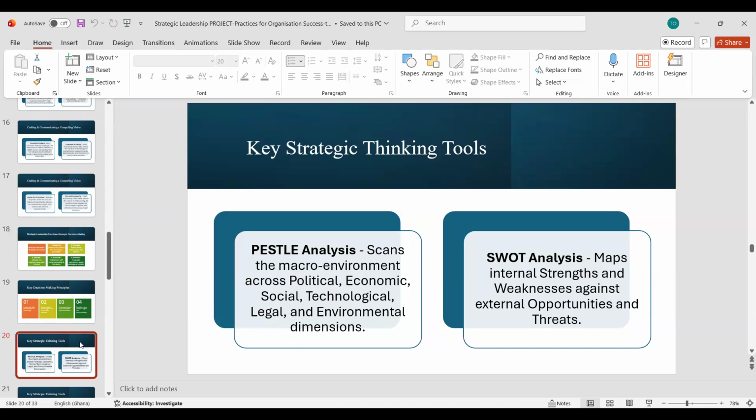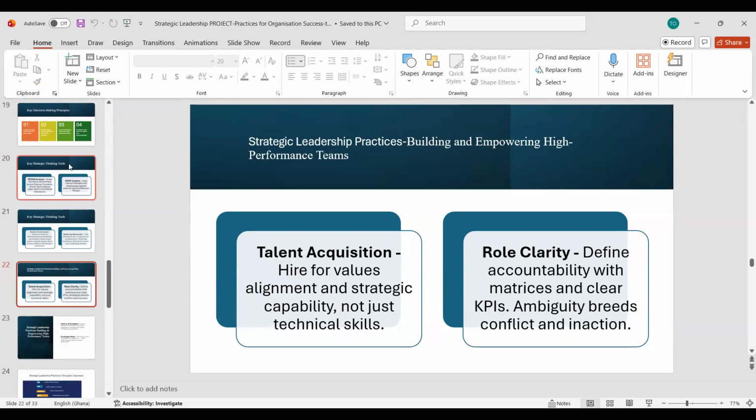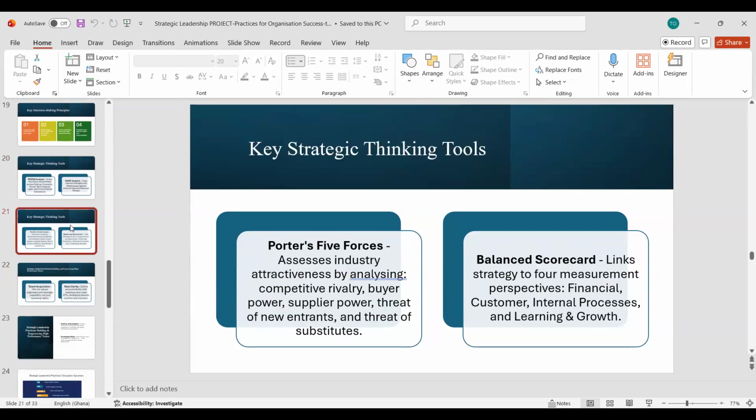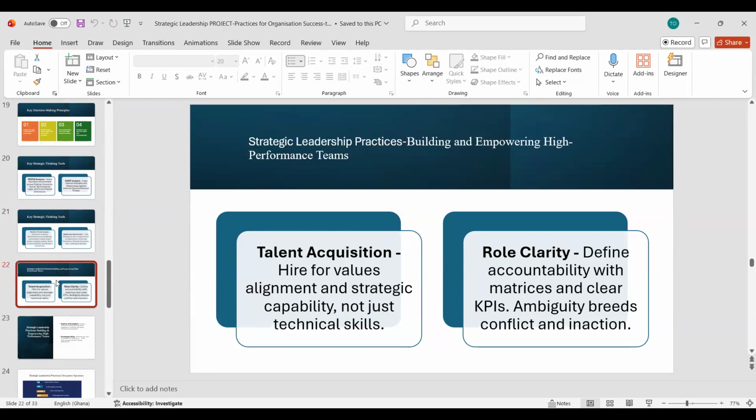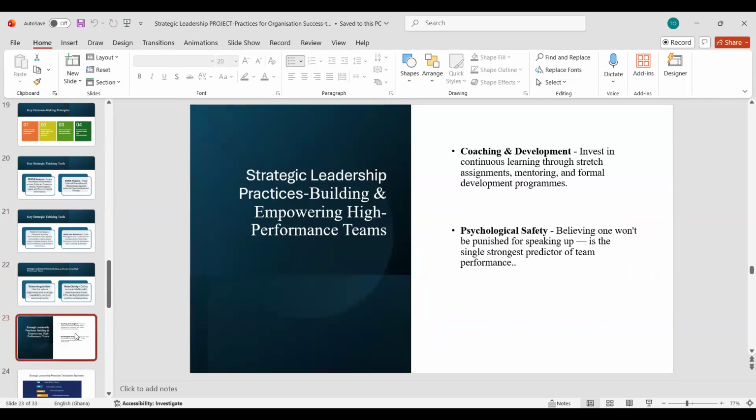So I can also adopt the SWOT analysis to help me make informed decisions. So as a strategic leader, you need to pick any of these strategic thinking tools. Aside this, there's also the Porter's 5 forces. There's also the balanced scorecard. All these are available to guide us in our strategic thinking. Now, all the slides that I'm showing, I will let you have them to take and study.